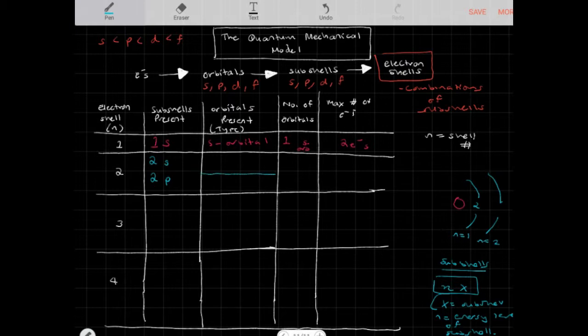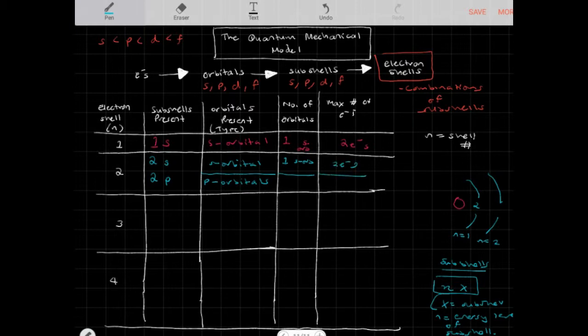Now in the 2s subshell, we can have s orbitals, because an s subshell is made up of s orbitals. In the 2p subshell, we can have p orbitals. We stated that in the s subshell, we have a maximum of one s orbital, and one s orbital means a maximum of 2 electrons.